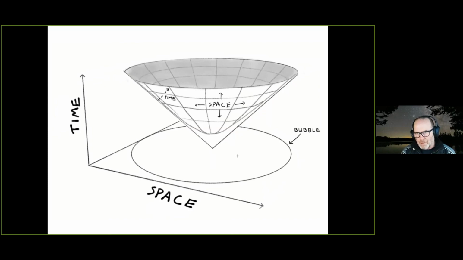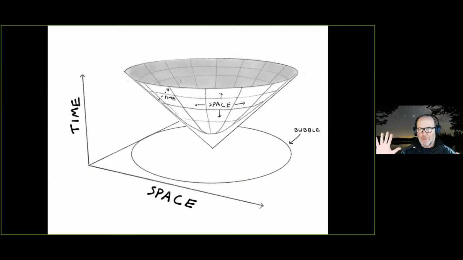So this is the expansion of this bubble that is moving outward at the speed of light. We can redefine space to be along this hyperbolic surface nestled inside this bubble, and time to be perpendicular to it. So now the bubble wall is in the past, and this bubble that appears to be finite from the outside contains an infinite universe inside of it.